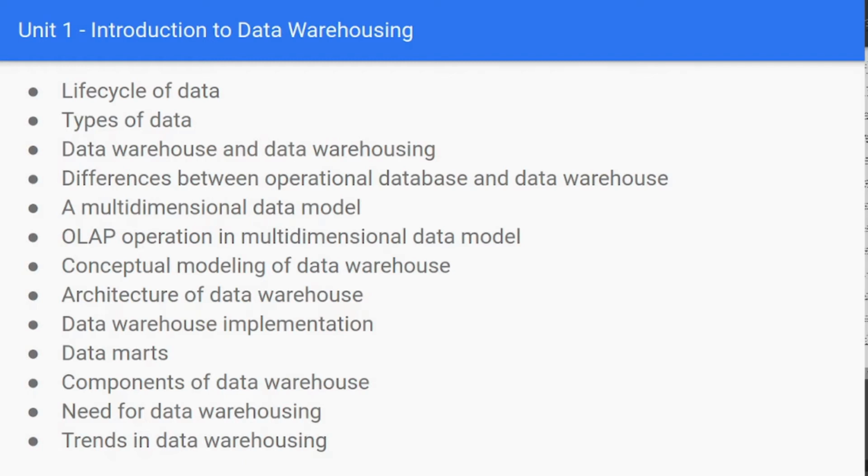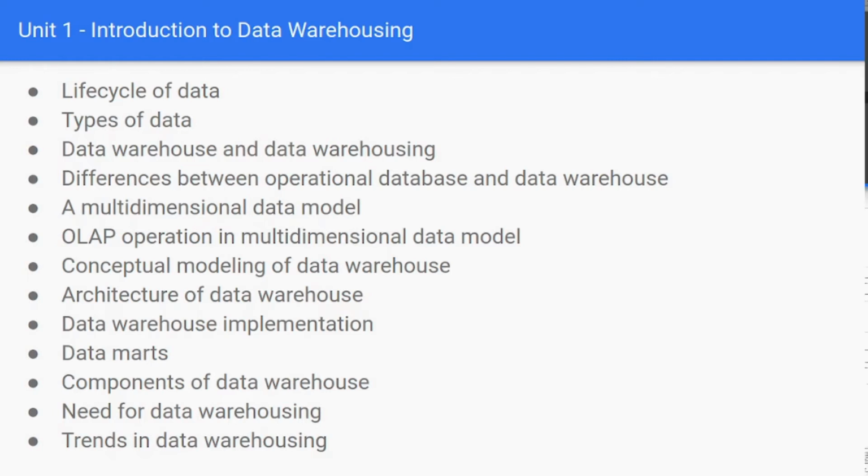So we'll start off with the life cycle of data. Of course we all already know what data is and everything. So we'll start off with life cycle of data, types of data, warehousing, what a data warehouse and warehousing are, and then what the differences are between an operational database and a data warehouse. We'll go through the multi-dimensional data model.